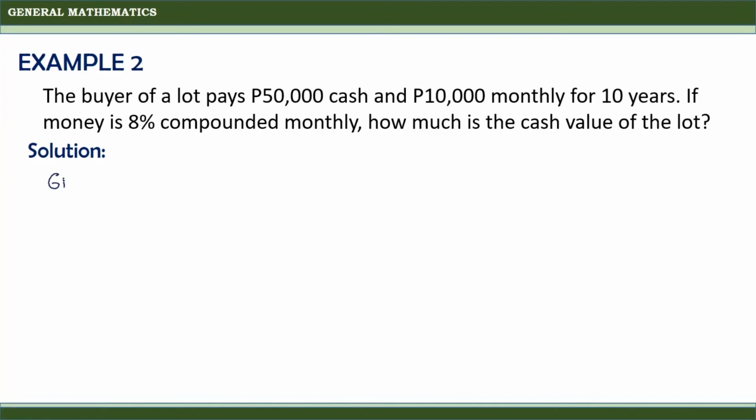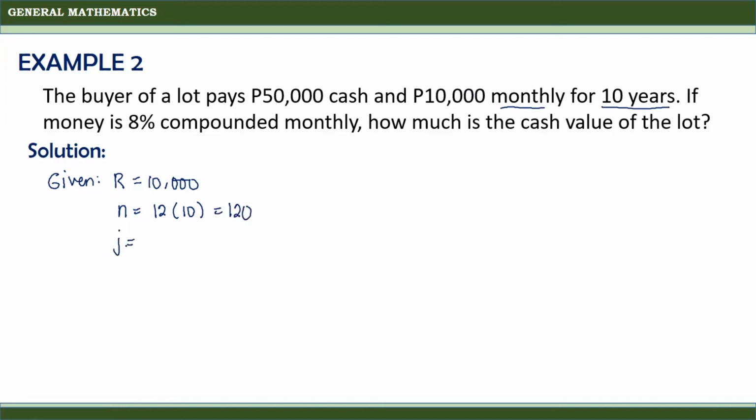Based on the problem, we have the following given. R, or the amount of the regular payment, is equal to 10,000. N, which is the number of payments, is equal to 12 times 10 because the buyer pays 10,000 monthly for 10 years. So this is equal to 120.